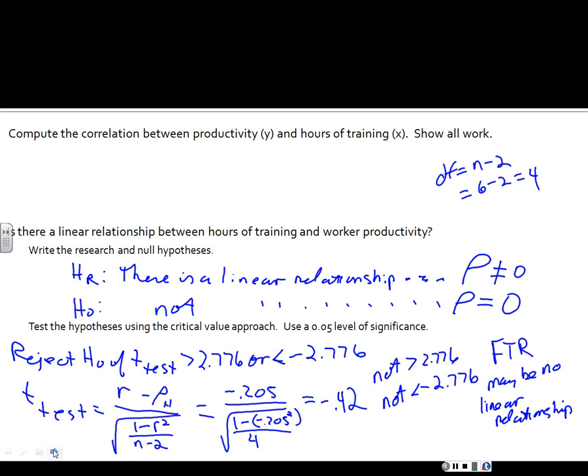Sometimes I ask to forecast or predict using this, for a given number of hours, predict what productivity is. So you could get your a and b off of here and do that. But when you make those predictions, make sure that the x's you're using to predict from are within the range of x's that were in your original data.